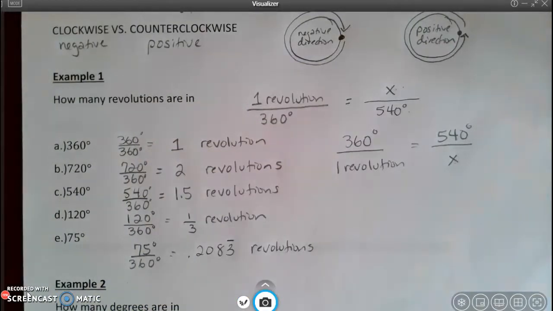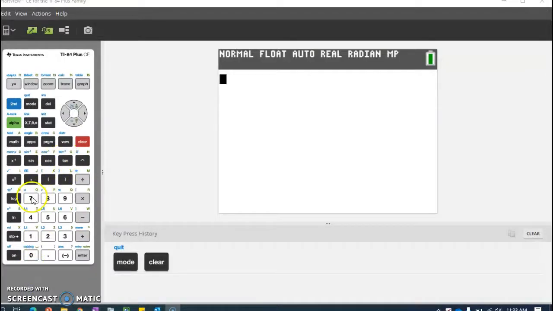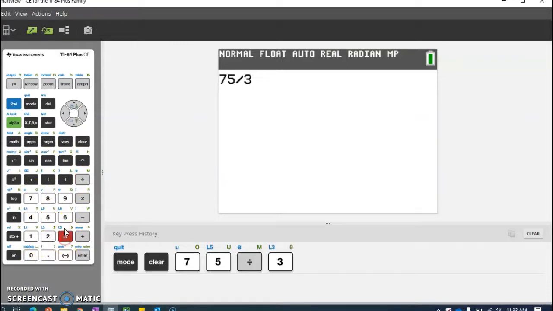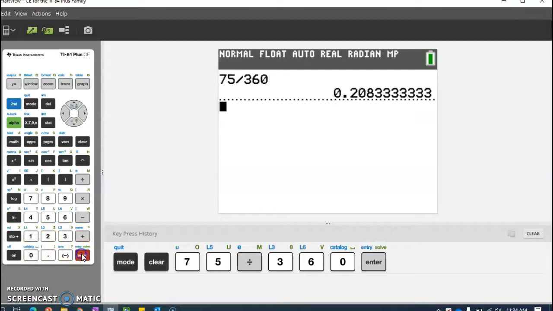I could, if I didn't want to put that as a decimal, I want to show you how in your calculator to convert your decimal to a fraction. Right, so I had taken 75 and divided by 360 to convert my degrees to revolutions, and that was the decimal I got.